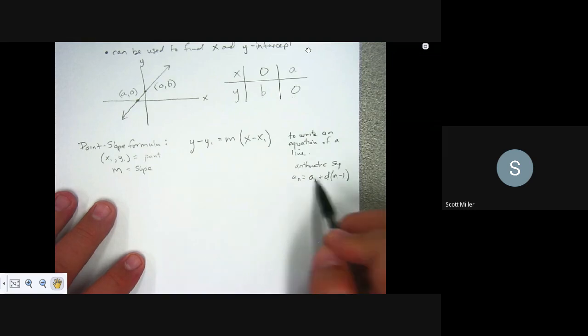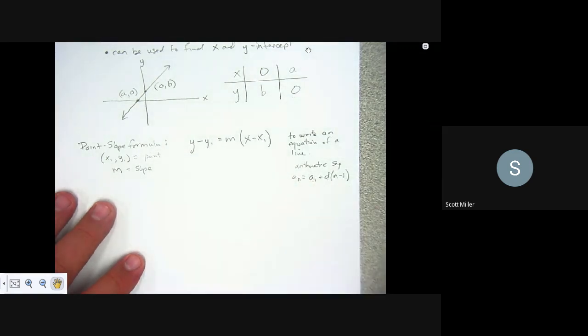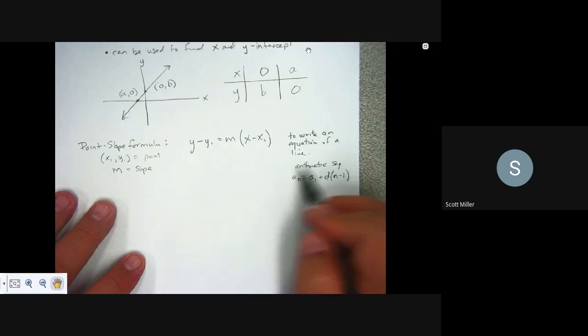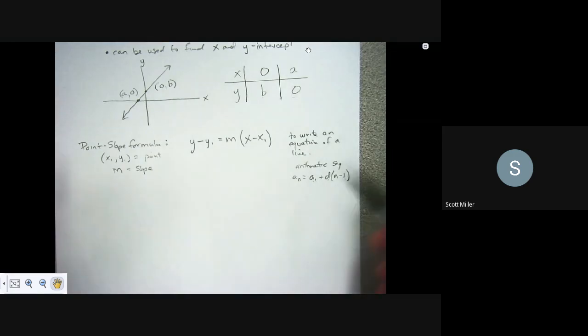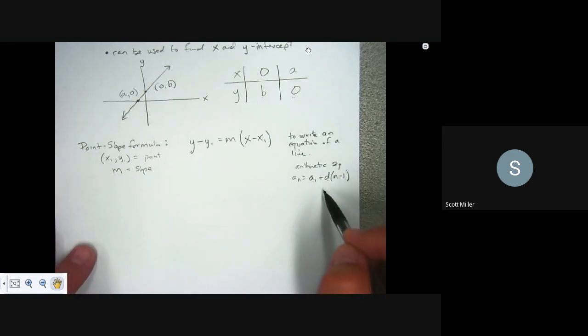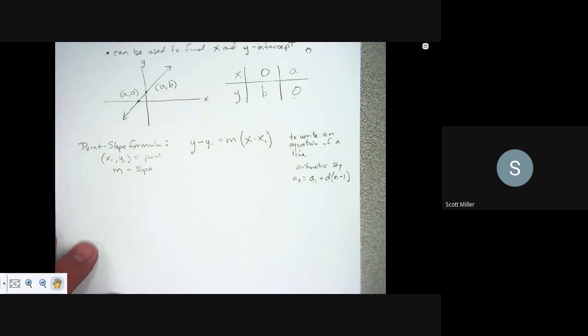Here we have a sub 1, which is the first number in the sequence. That's the point, the first number in the sequence. So that's where this comes from. It comes from the point-slope formula for finding equations, which are literally rules. Okay? So the purpose of the point-slope again is to write an equation of a line.